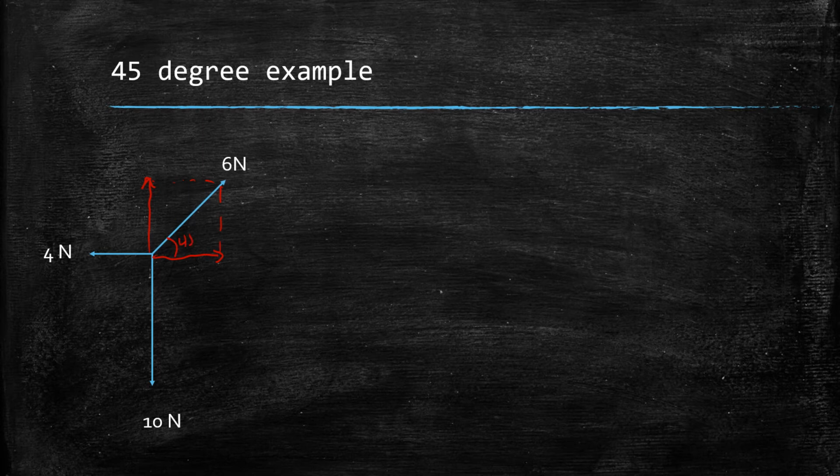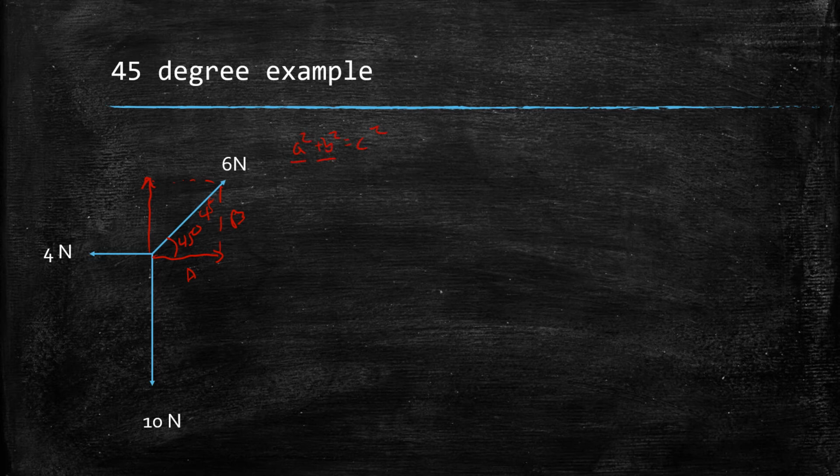Since this is a 45-degree angle, this is also a 45-degree angle, which means these two sides, we'll call them A and B, are equal to one another. We take advantage of the Pythagorean theorem, which says A squared plus B squared equals C squared.